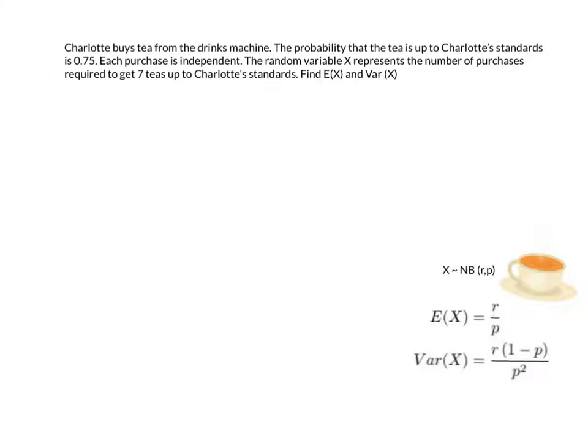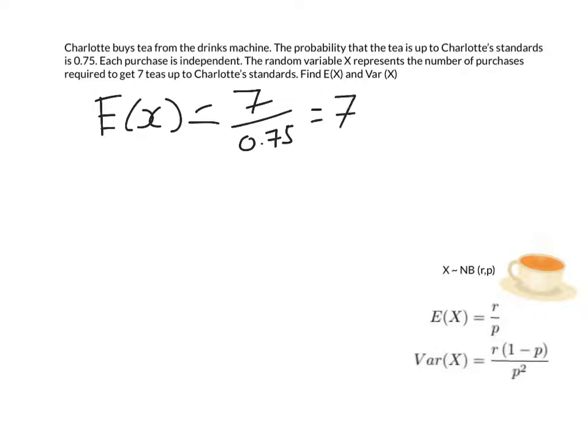Right, let's have a go at this. So, E(X) equals r over p, so we've just got 7 over 0.75. Well, that's like 7 divided by 3/4, which is 7 times 4 over 3.